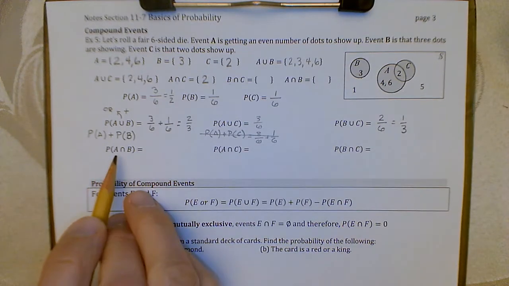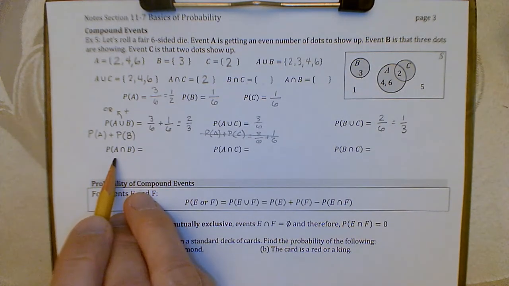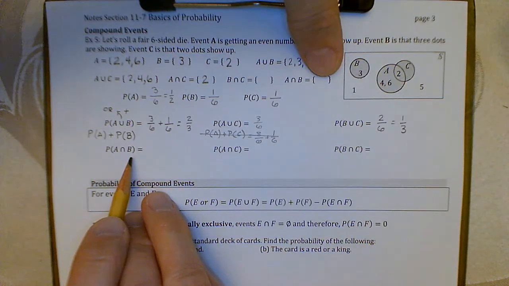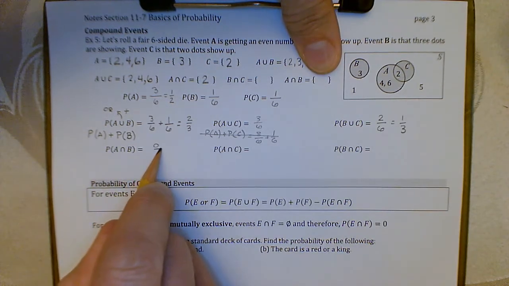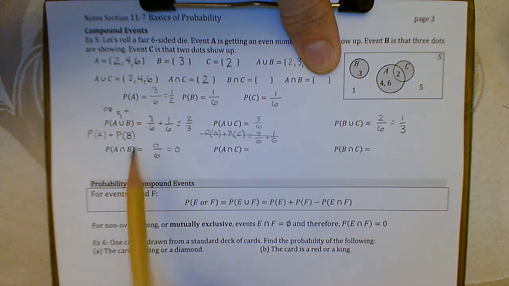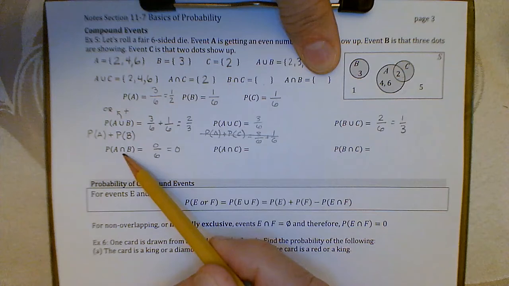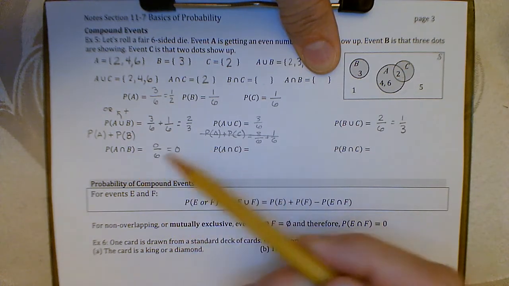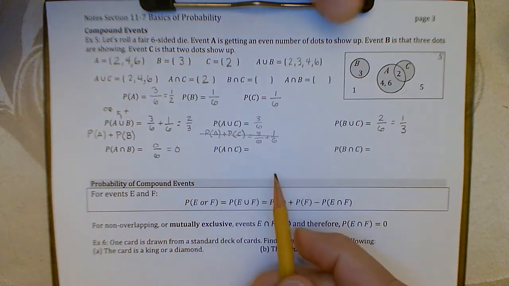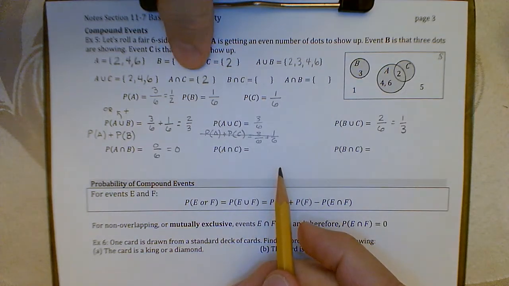All right, now intersection. The intersection of A and B, well, that's an empty set, right? We saw that up here. So this is 0 out of 6, or 0. There are 0 outcomes in the combined event. A intersection C, well, we looked at that up here, right?